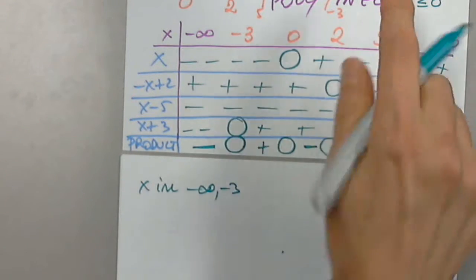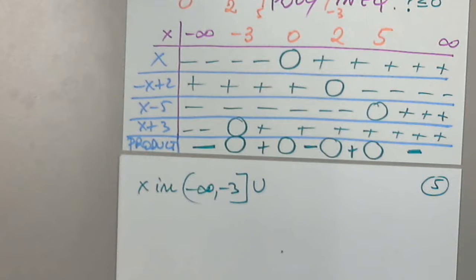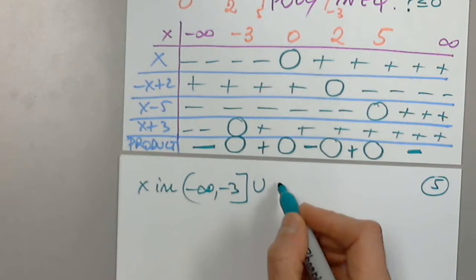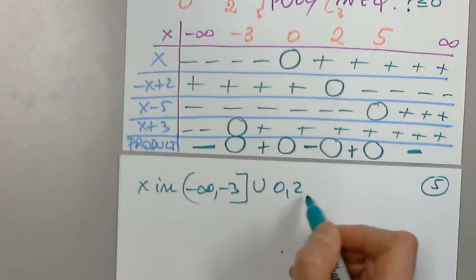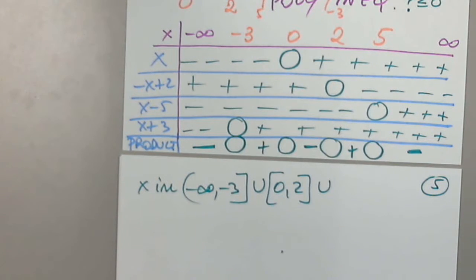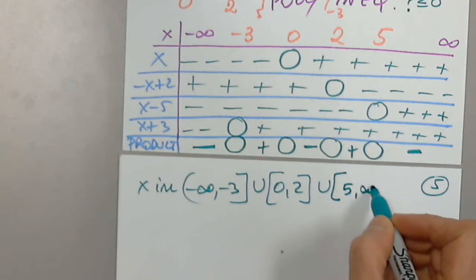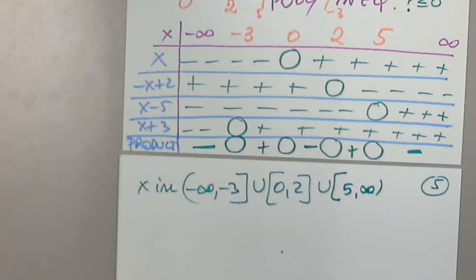Since 0 is accepted, I'm going to put a bracket. Union. Very good. Union. In other words, what does this say?